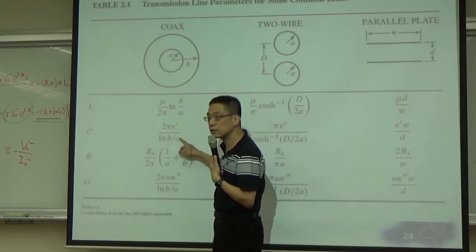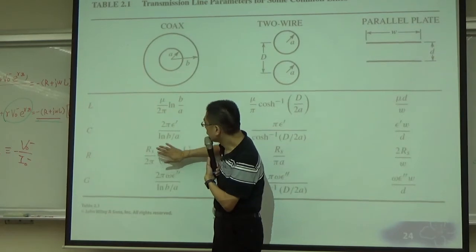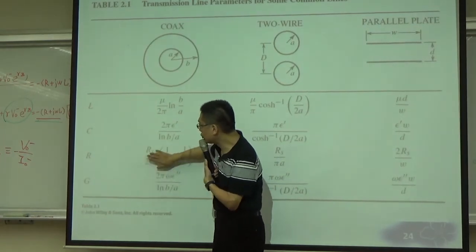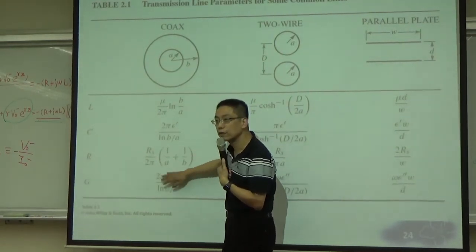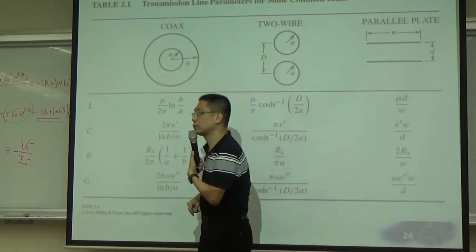If this is a lossless transmission line, then you can put R and G equal to 0, and then you use this one.